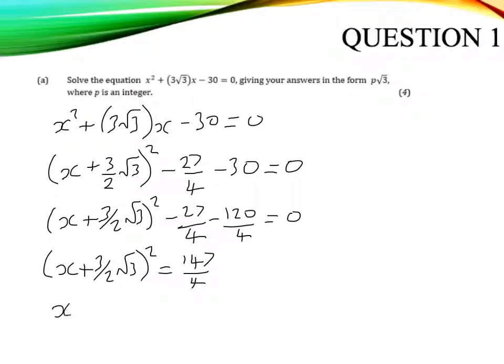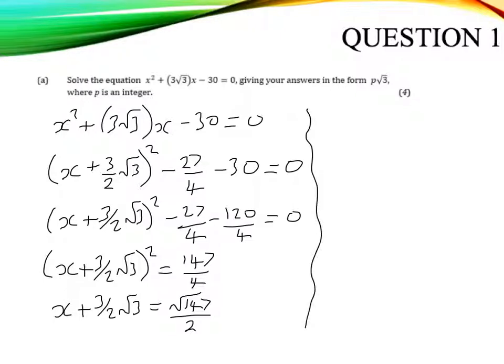So I've got x plus 3 over 2 root 3 equals root 147 over root 4, which I'm just going to write as 2. Then from here, I'm going to carry on, put up my page up here. So what can I do next?